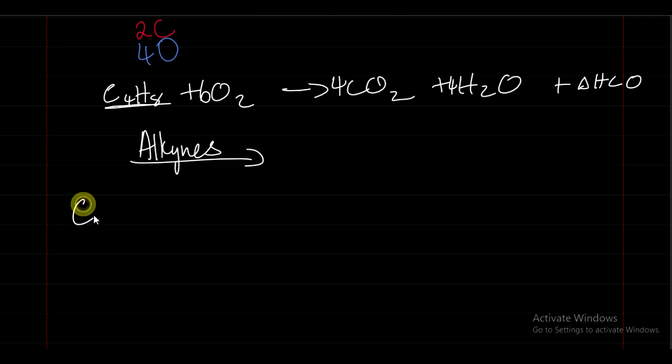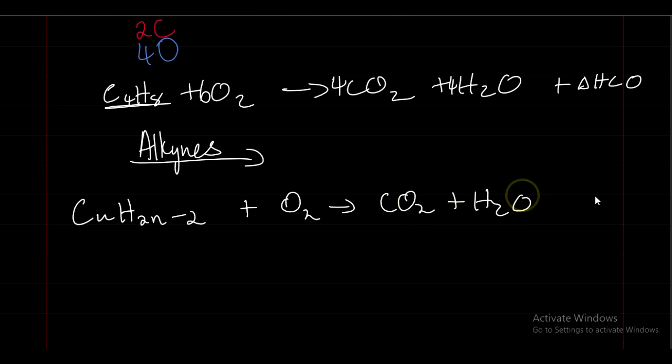So alkynes, we have CnH2n minus 2 plus oxygen, giving us carbon dioxide plus water. Also energy is released as heat.